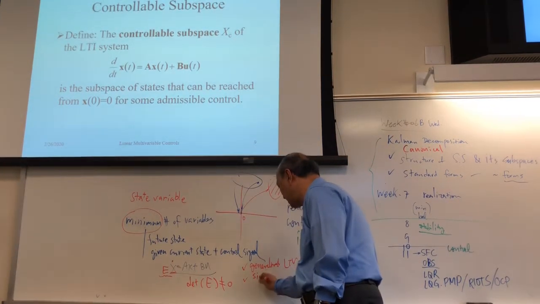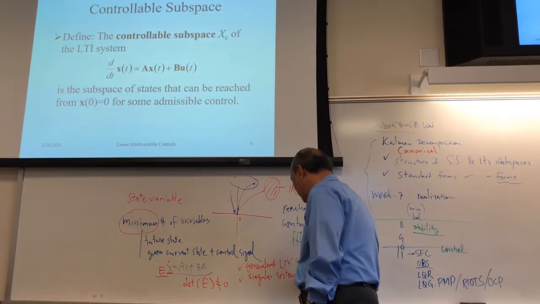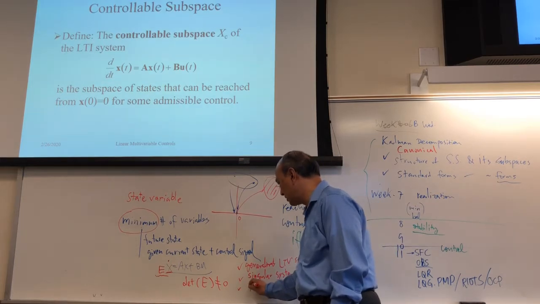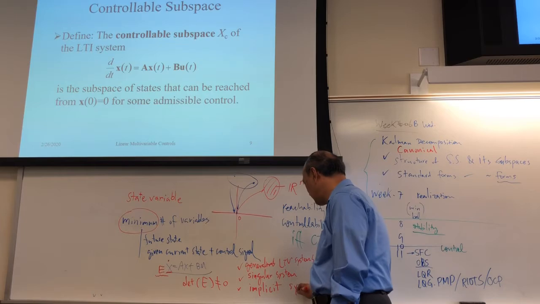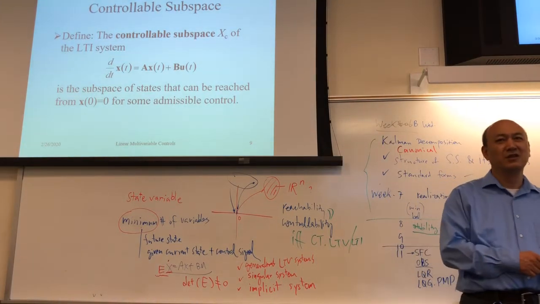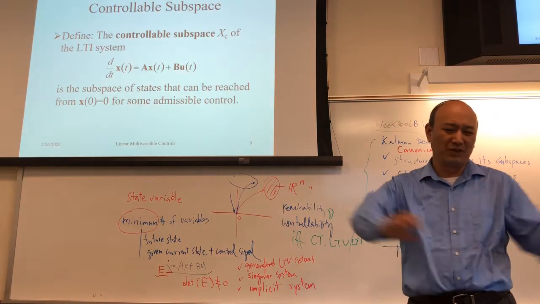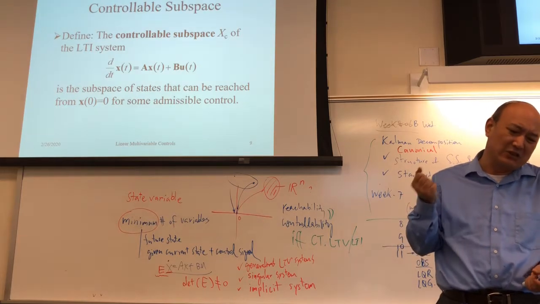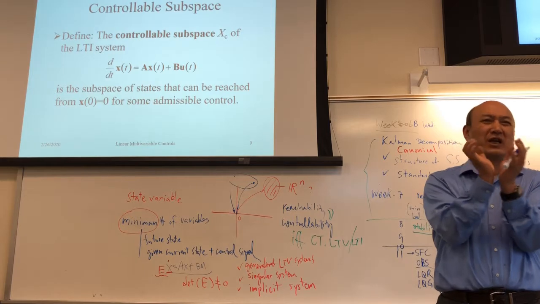Sometimes this is also called a singular system, and some people call it an implicit system. It's like you used something excessive. I want to squeeze away the unnecessary things and keep only what I need, the controllable and observable part. That part is what I care about.